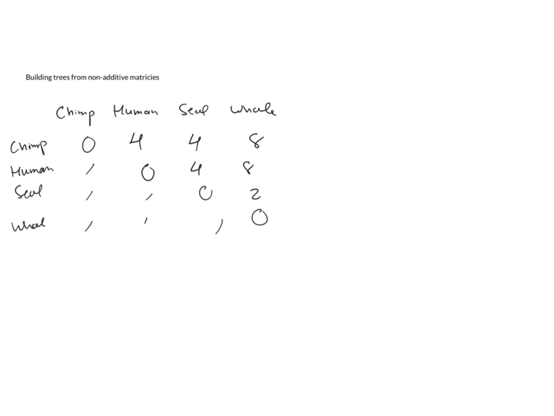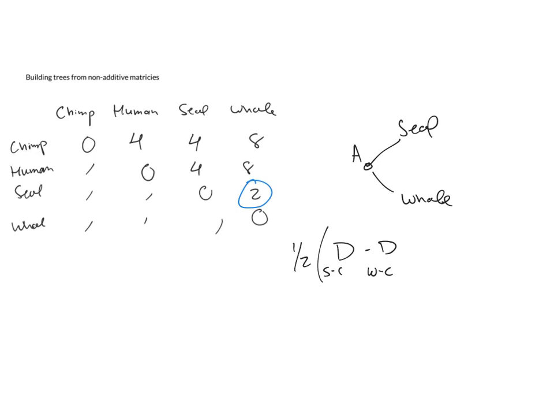I'm going to pick a random connection here, just like before, between seal and whale. So here is seal, here is A, here is whale, and I want to know what the distance between seal and A is. So I'm going to do 1/2 times the distance between seal and chimp, minus the distance between whale and chimp, plus the distance between seal and whale.